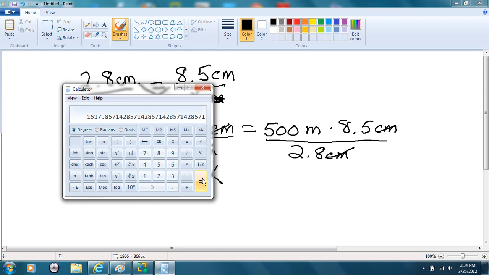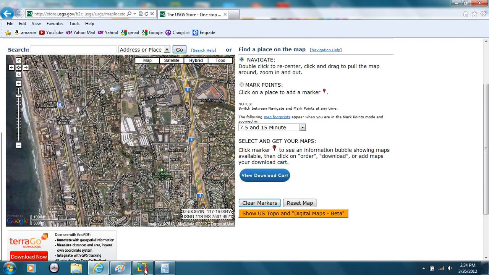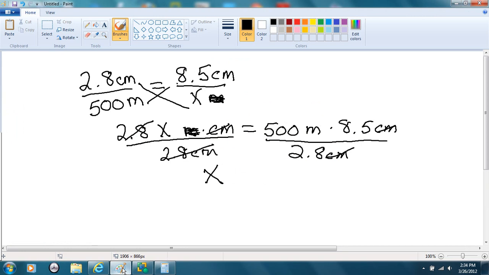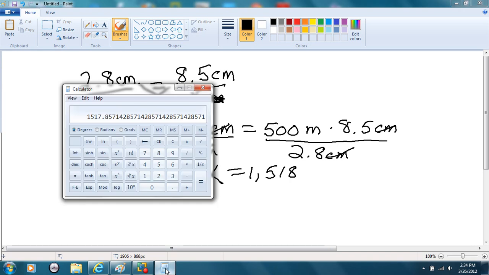I'm going to hit equal, and I get, we'll round it to 1,518. Going back to here, we get x is equal to 1,518, I believe I said. Let me double check. And yes, rounded, that's that.